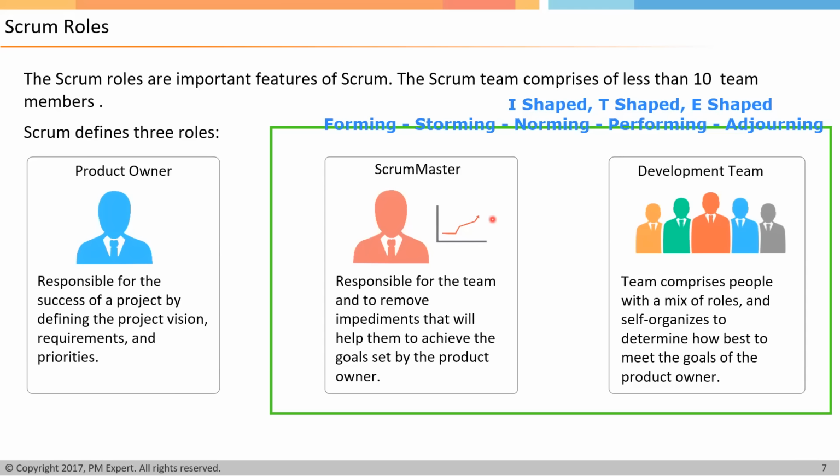He should ensure the team is not distracted, so that they have a potentially shippable product at the end of the sprint. So basically he is more of an internal facilitator, not towards the client. That is handled by the product owner. The product owner is more about requirements, and the Scrum Master is about facilitation.